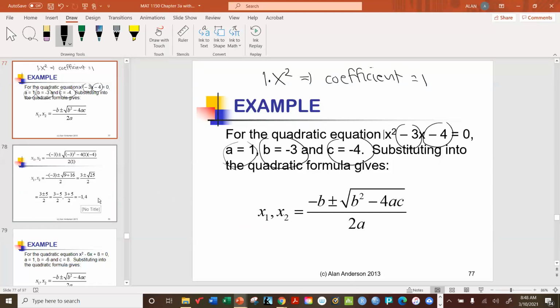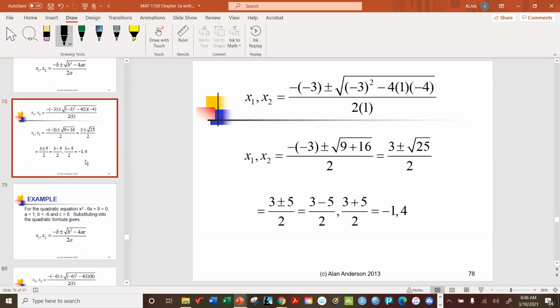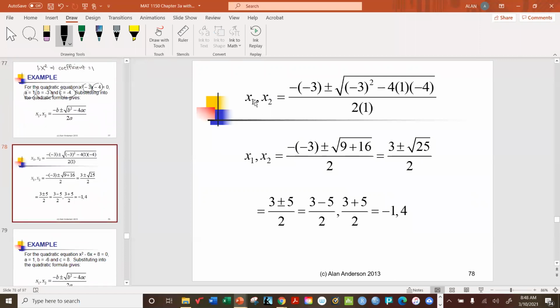Let's use the quadratic formula, and we'll plug in these numbers. Let me put these numbers down again up here so you can see them. We have x squared minus 3x minus 4 equals 0, which means that a is 1, b is -3, c is -4.